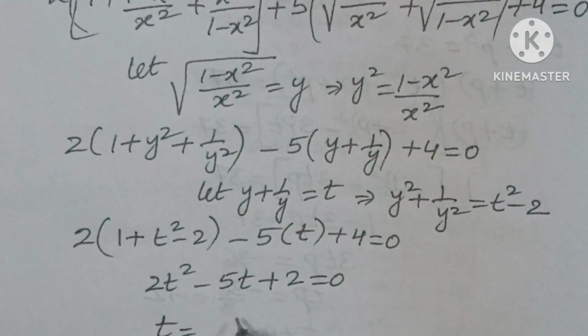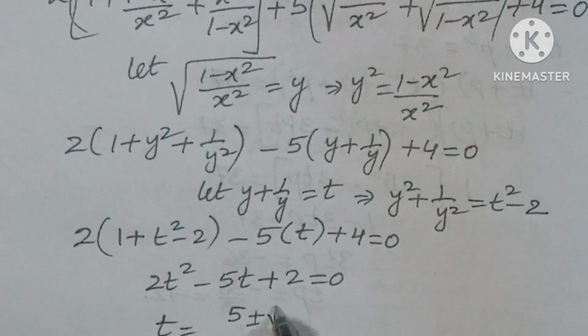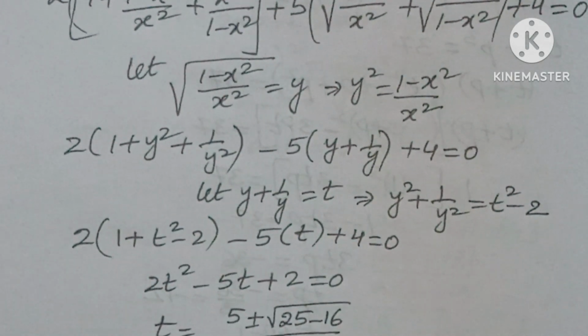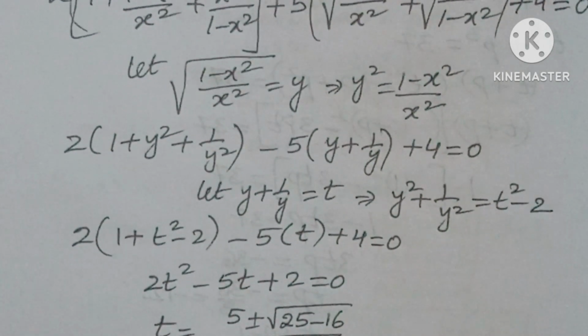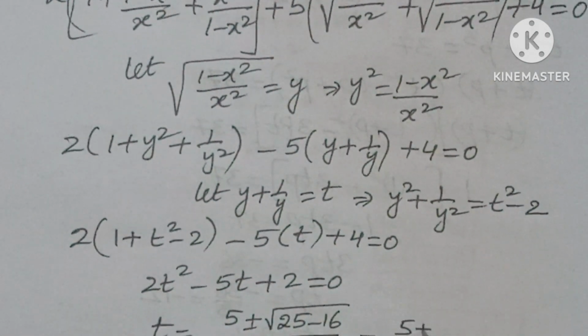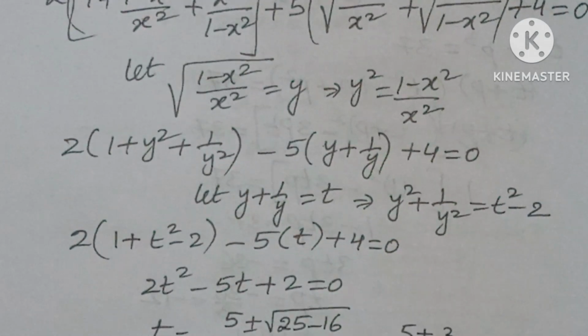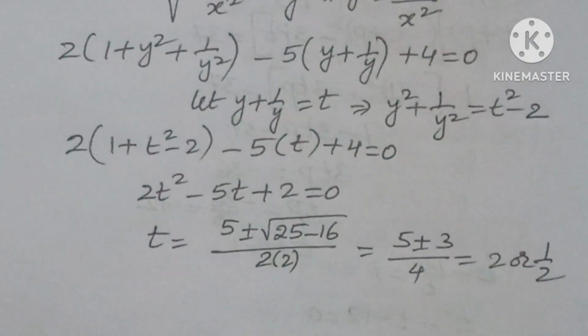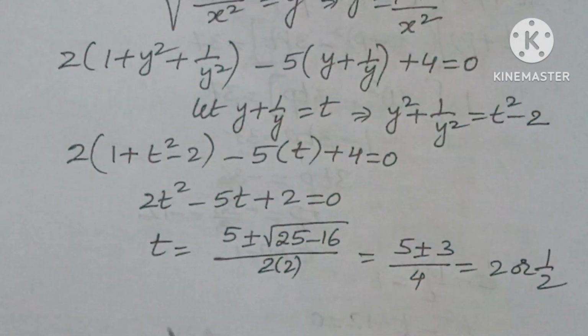Now value of t is 5 plus or minus root of b square minus 4ac by 2a. So here you'll get 5 plus or minus 3 by 4. So here you'll get 2 or 1 by 2. The value of t is 2 or 1 by 2.